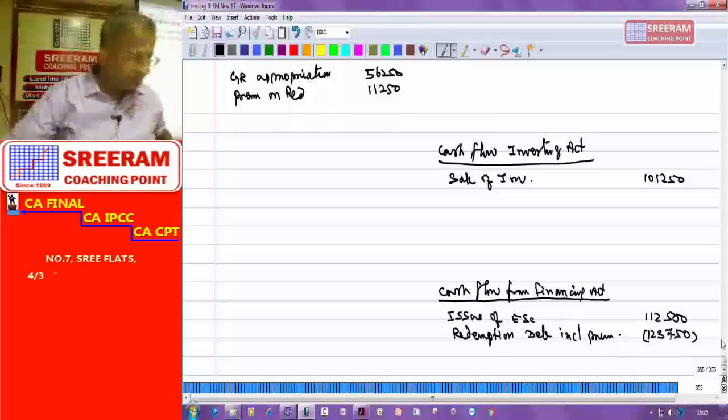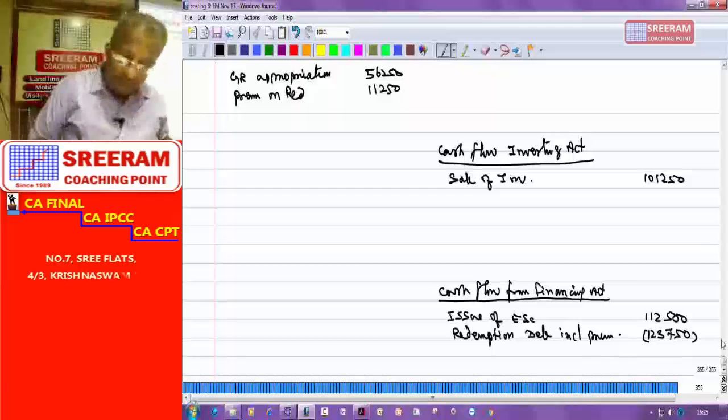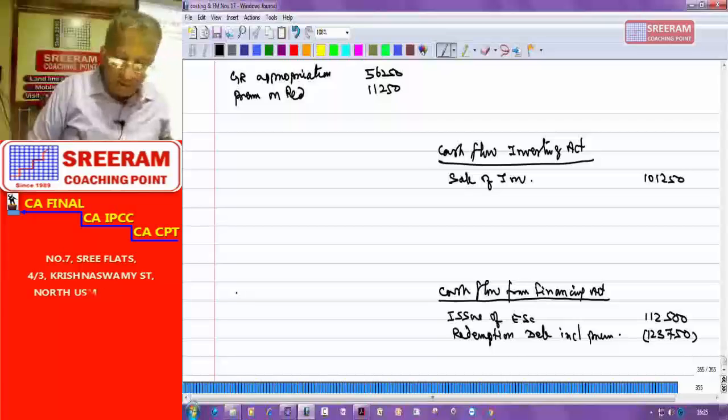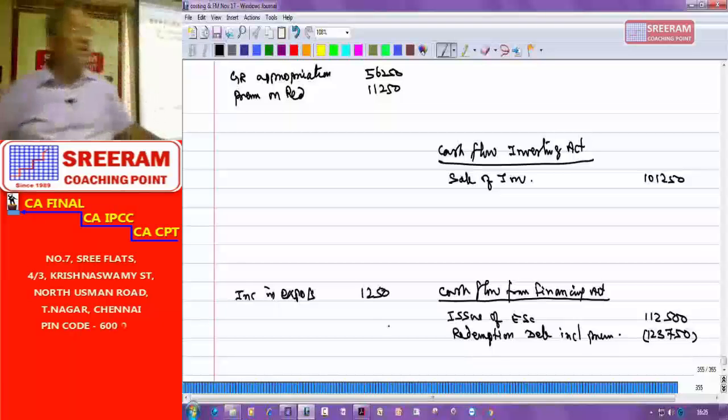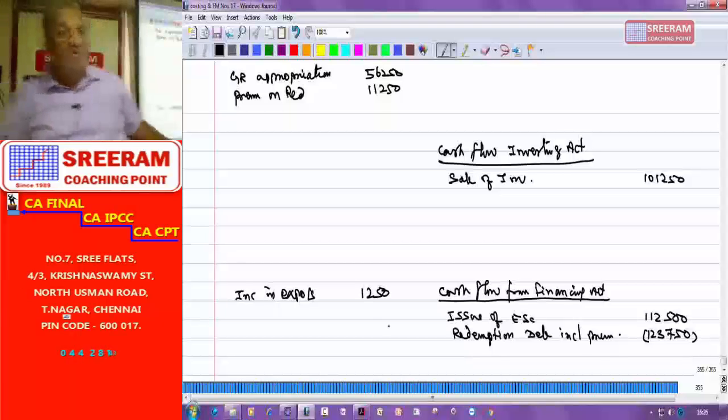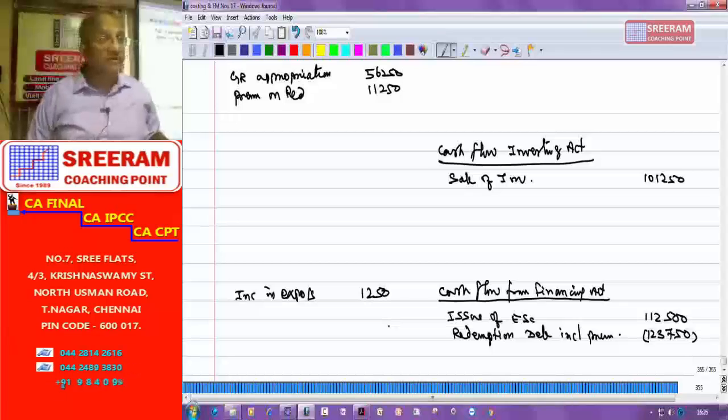Next, accrued expenses. So increase in expenses outstanding. How much? 1,250. Increase in liability is an inflow, so shown without brackets.